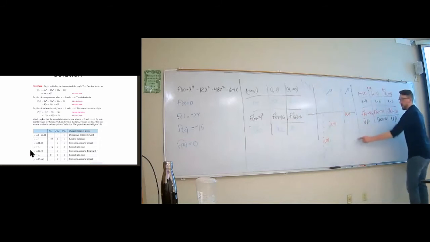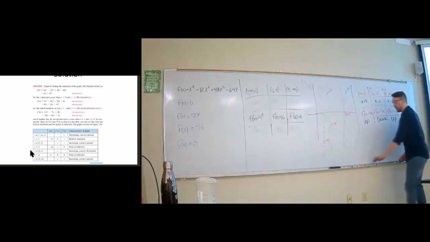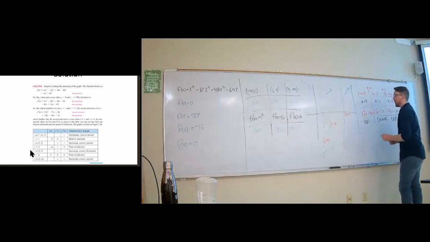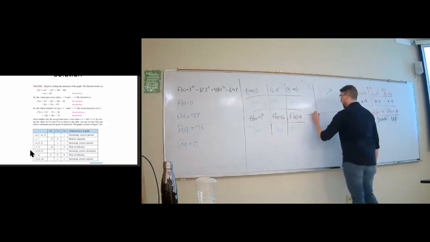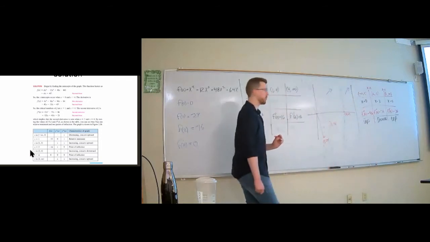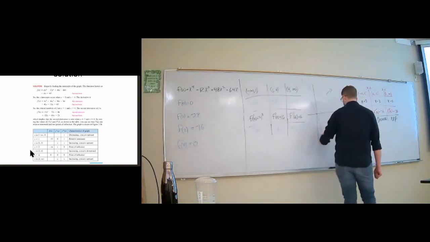And we know we're concave up after the last green line. So this lets us start putting things together. So we know we're decreasing up to this point, right? Something like that. We're increasing now up to this point.